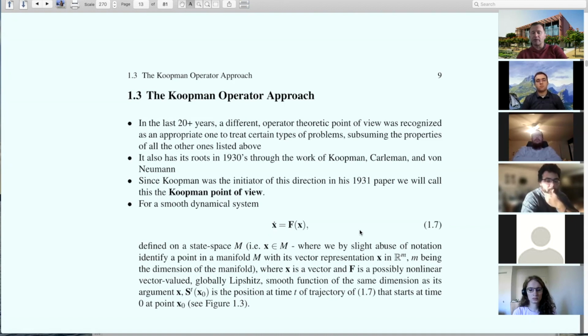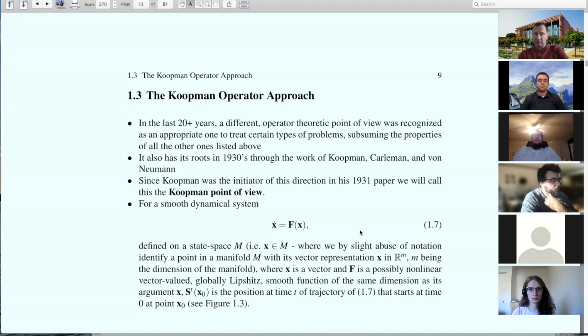The theory was very well developed for the geometric side already in the 80s, and for the operator theoretic side, it was applied in the context of mathematics. I wouldn't say even applied. There was a lot of work in pure mathematics that used the concepts in the context of ergodic theory.